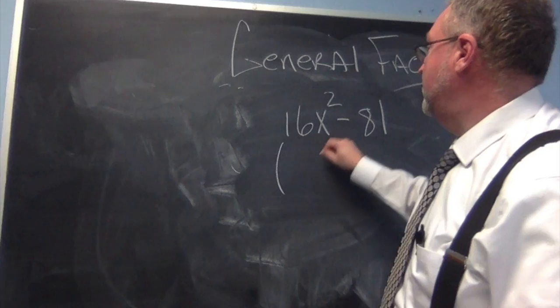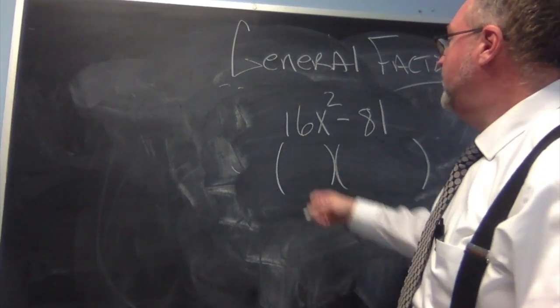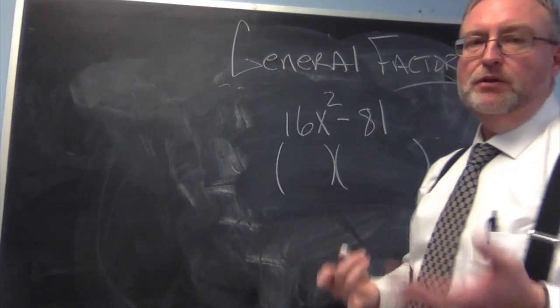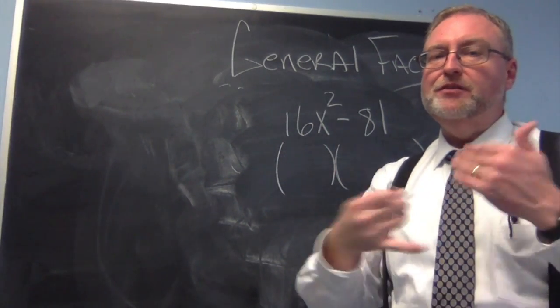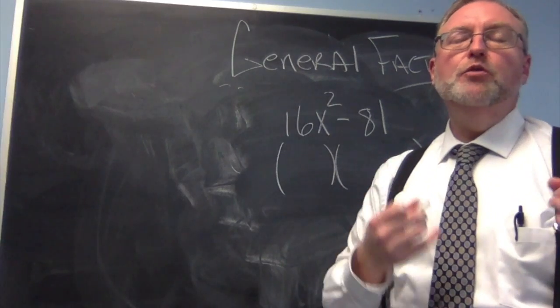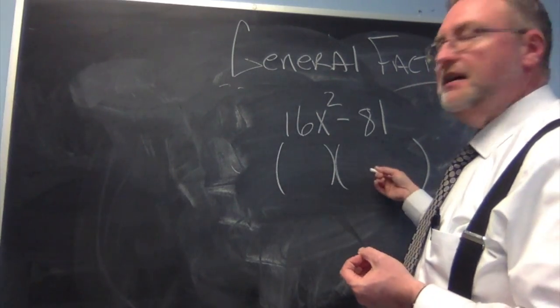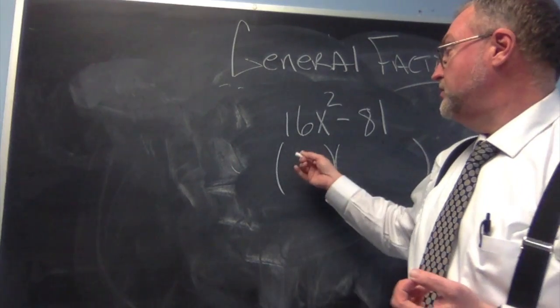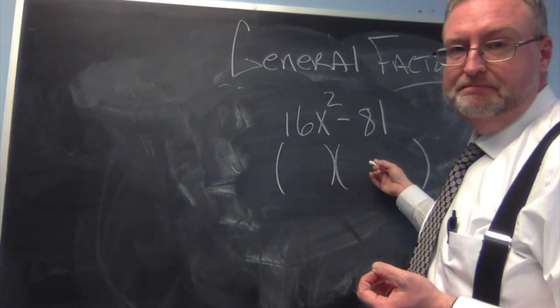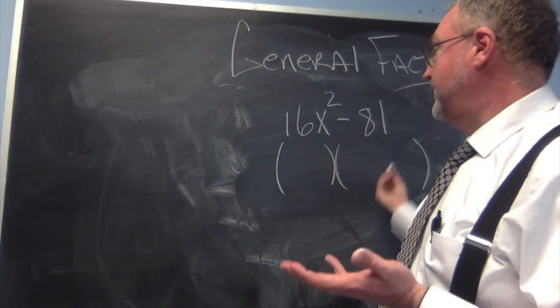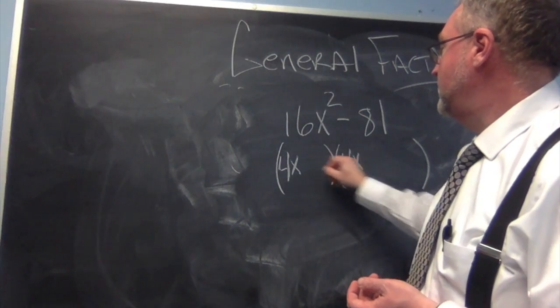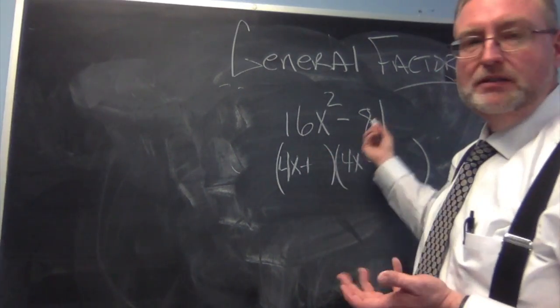So I just got to see now if I can break this down. What times what is 16x squared? Now, if there's no middle term, remember this is putting all those things into practice. If there's no middle term, that means that these two things have to be exactly alike. My 2 binomials, the only difference, one's going to be positive, one's going to be negative. All right, so to make them exactly alike, I'm going to put 4x times 4x, plus minus, what times what is 81?